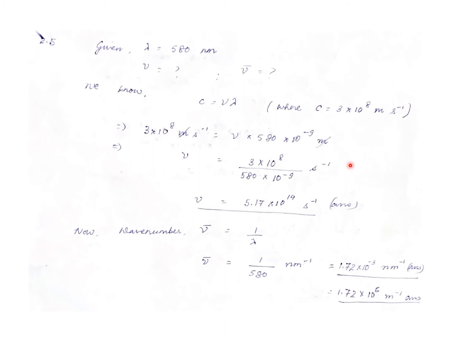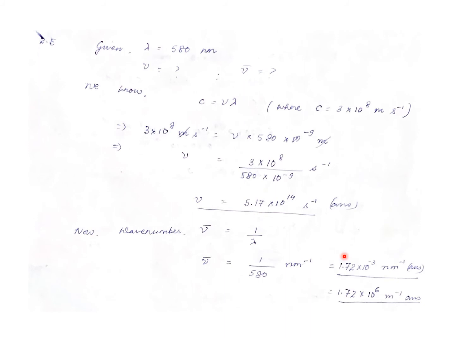You need to write it in meter because c is also in meter, so you have to maintain equal units. If you divide, you will get nu equal to 5.17 into 10 to the power of 14 per second as the answer. Now you need to find the wave number also.